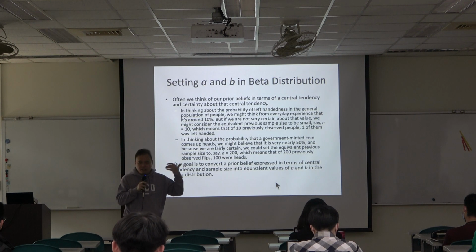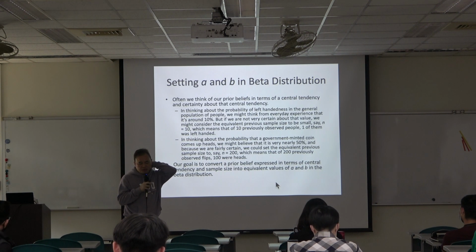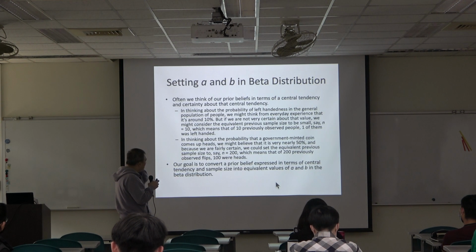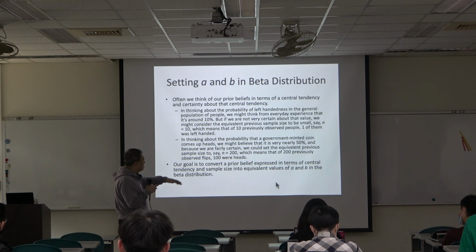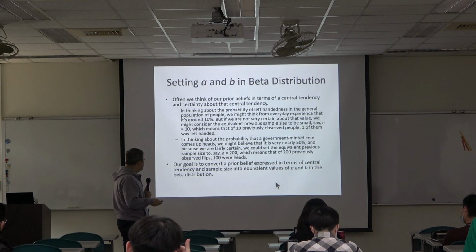You can use that to determine the A and B, or alpha and beta, values for your prior distribution. So our goal is to convert the prior belief, expressed in terms of central tendency and sample size, using the A and B values in the beta distribution.